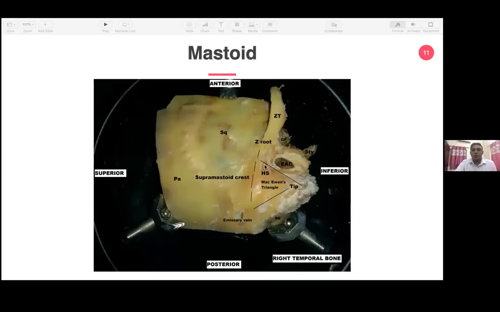Now, once you expose the mastoid cortex, this is called the cribriform area. Cribriform means sieve-like. That means the aeration in the mastoid air cell system is exposed to the outside, and these sieves are made by infantile vascular system.